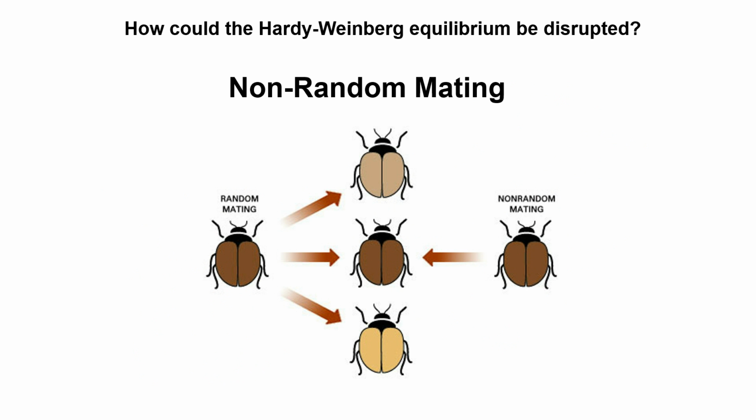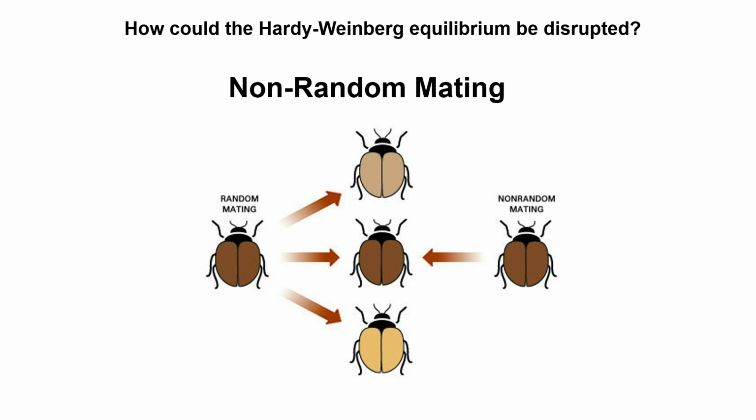So this idea of non-random mating implies sexual selection. Here you have random mating. For instance, this brown beetle, every other beetle of the opposite sex has an equal opportunity of mating.